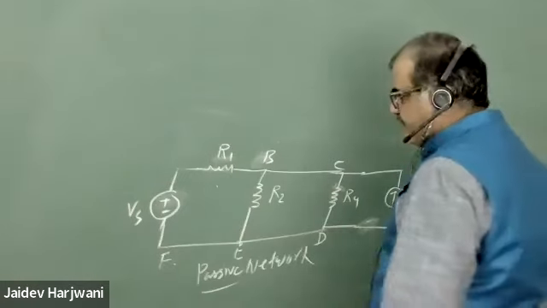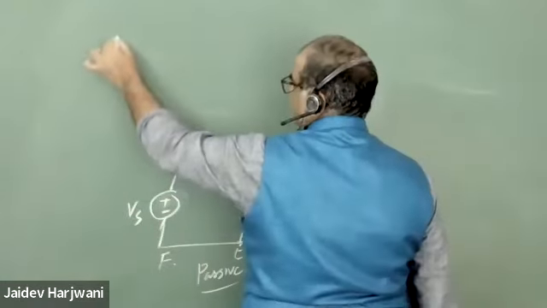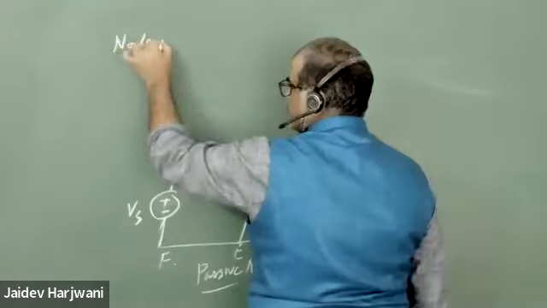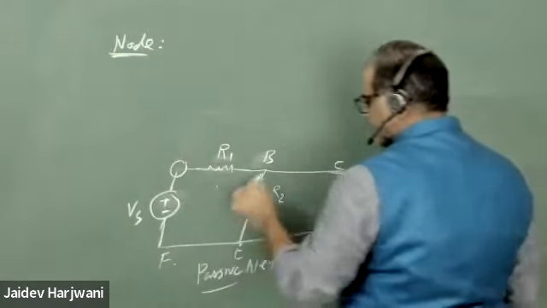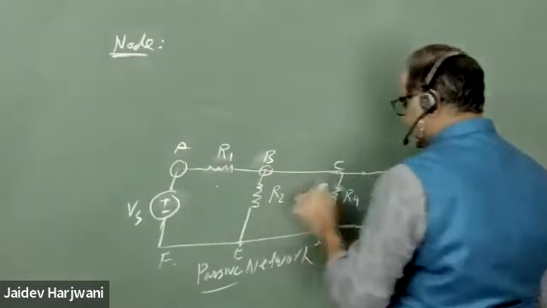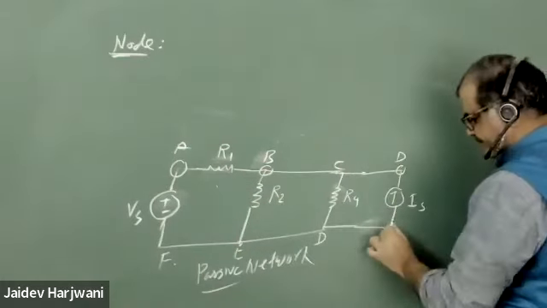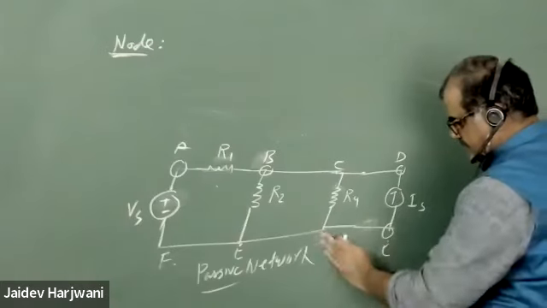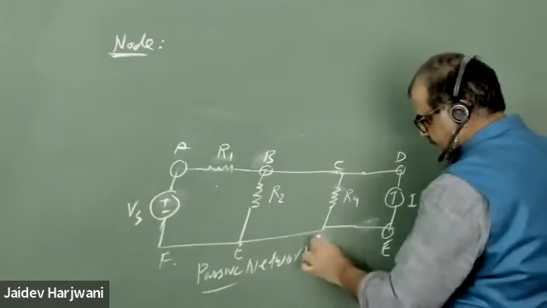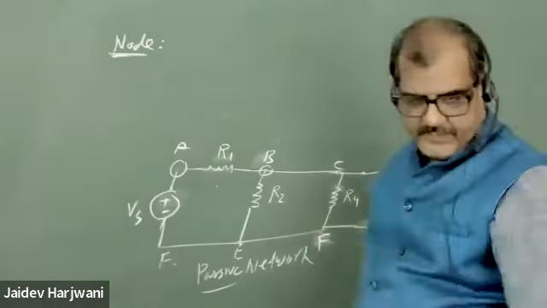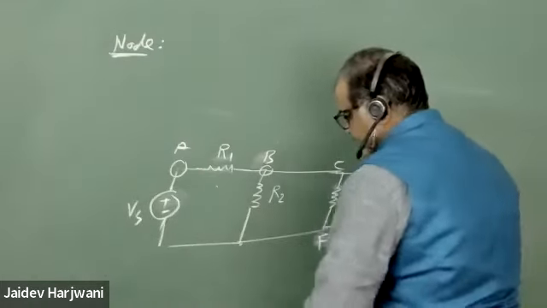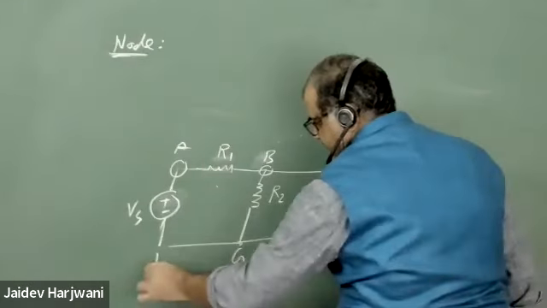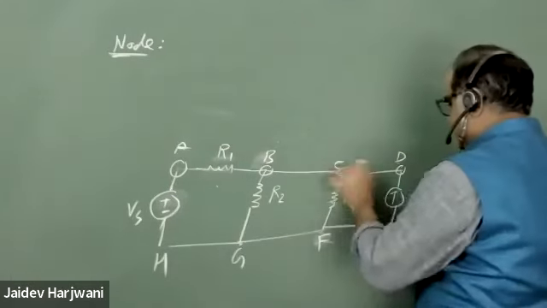In a network, we can define many terms, like node. What is a node in a network? These are terminals: A, B, C, D, E, F, G, H. All of these are terminals.